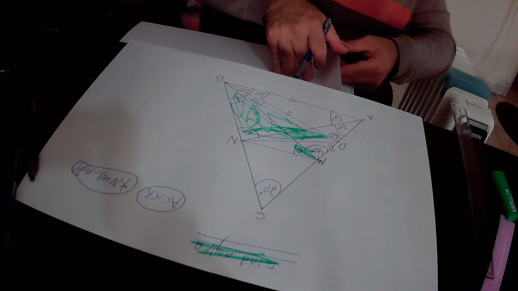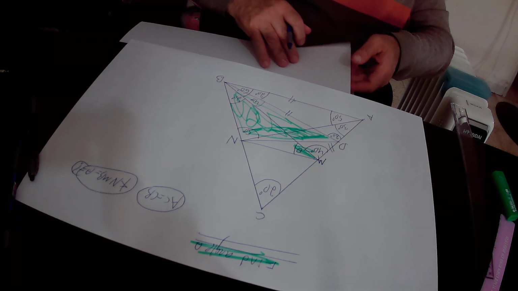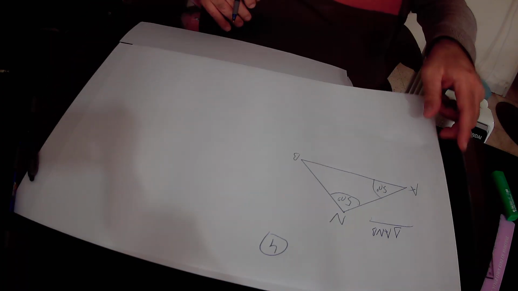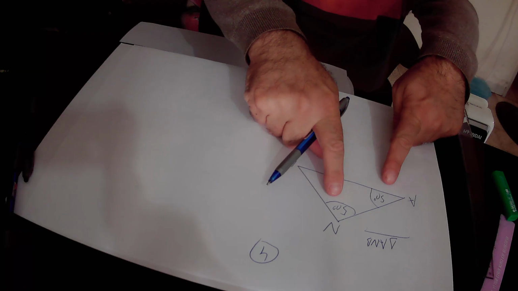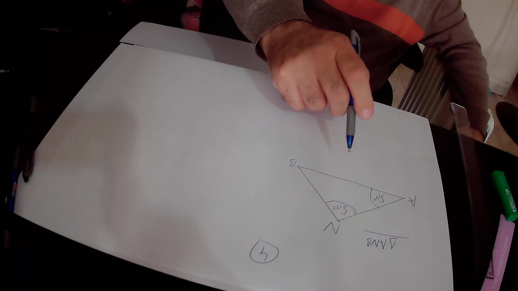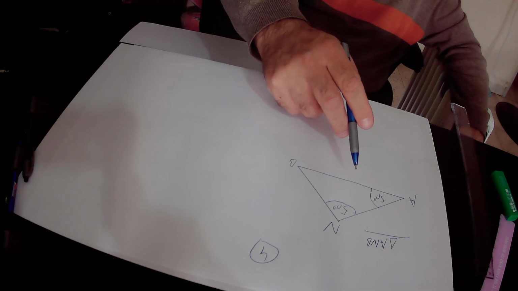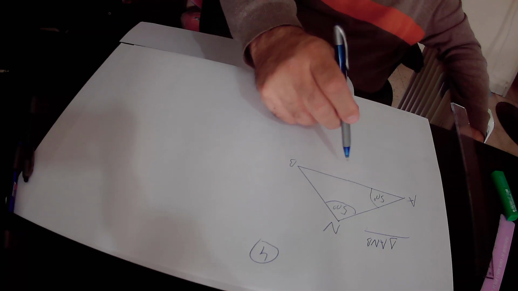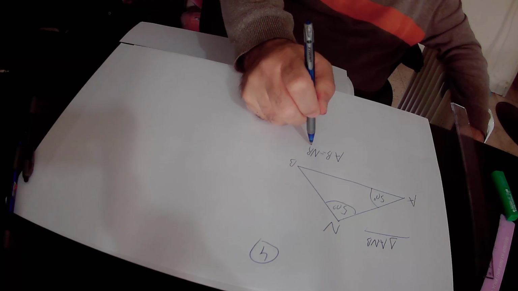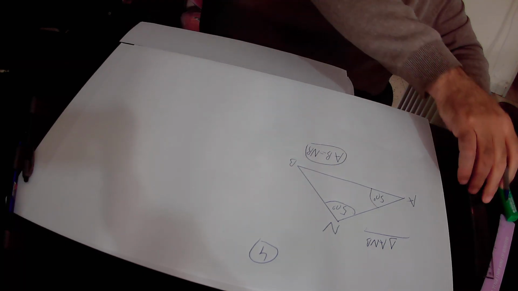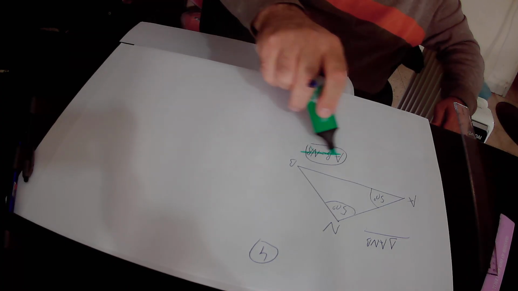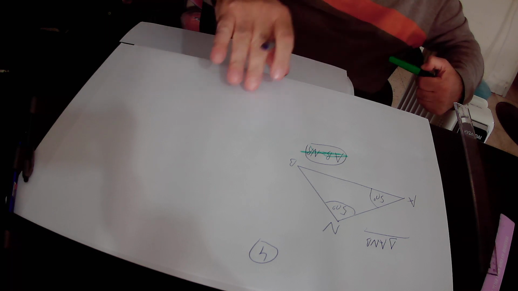So actually, this is triangle ANB that I copied from the original drawing. Those two angles are equal to each other. According to the rule that in front of equal angles in the triangle are equal sides, we get that AB equals NB.